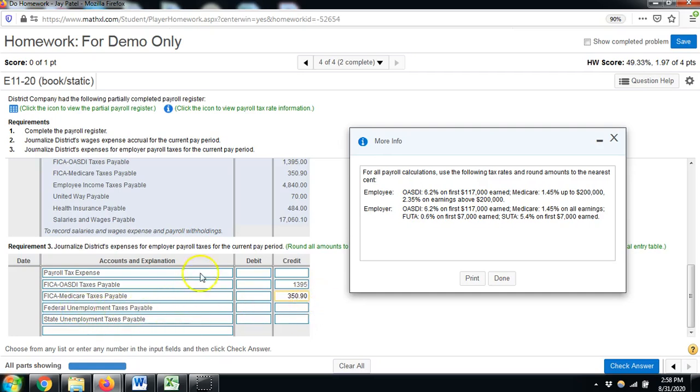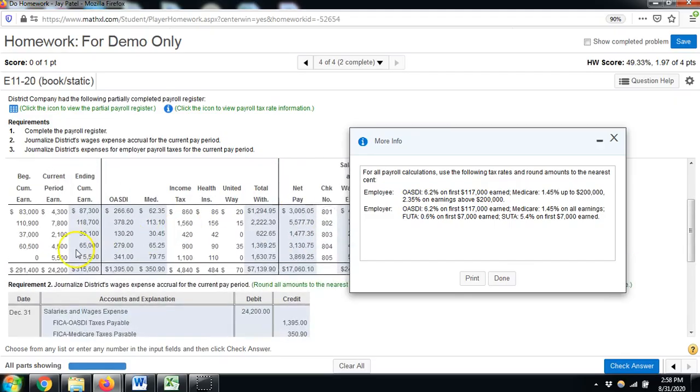Federal unemployment tax payable. So we read the details. It's 0.6% on the first $7,000 earned. So if we look at our employees, they all have much higher than a beginning balance of $7,000, except for this new employee.